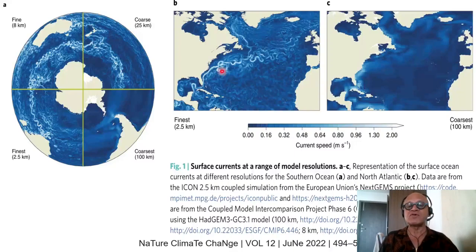Climate of Europe, for example, depends very much on how well the Gulf Stream is done and how the air-sea exchanges are done over here, which themselves are very much dependent on the resolutions and on resolving these features that are important for all those details.